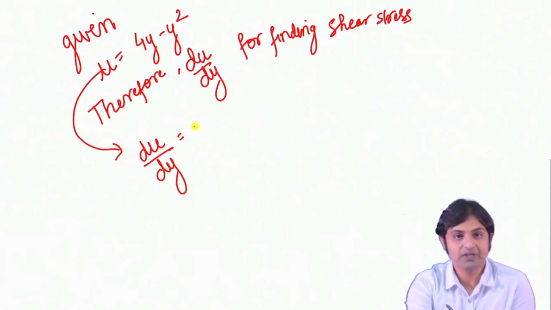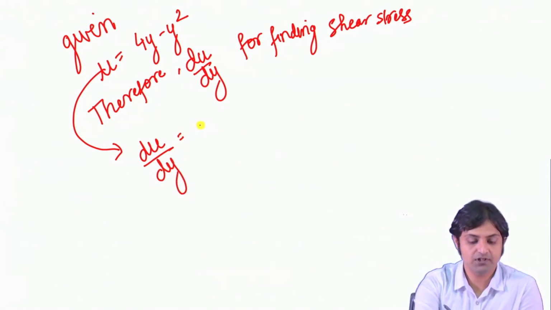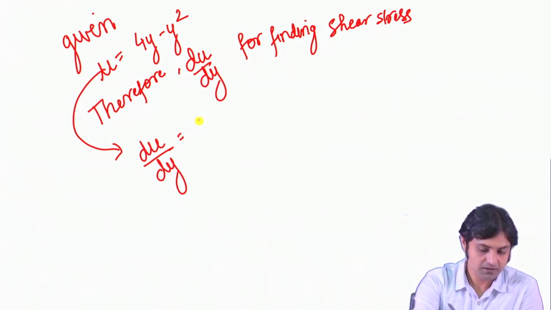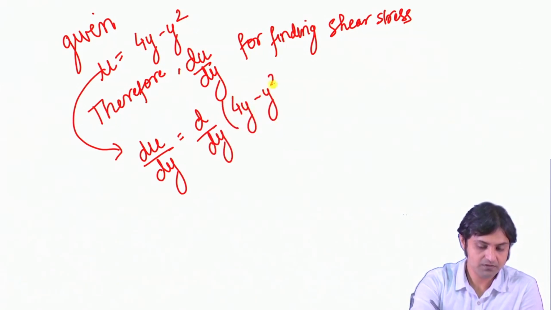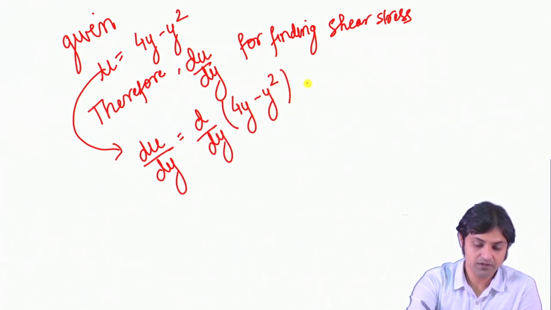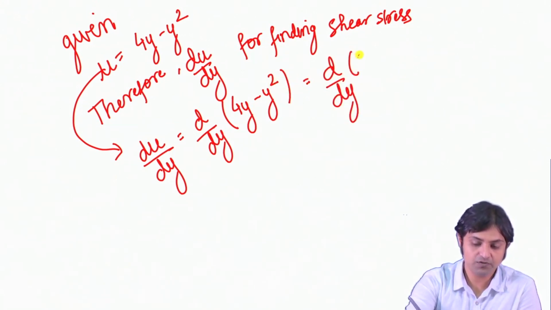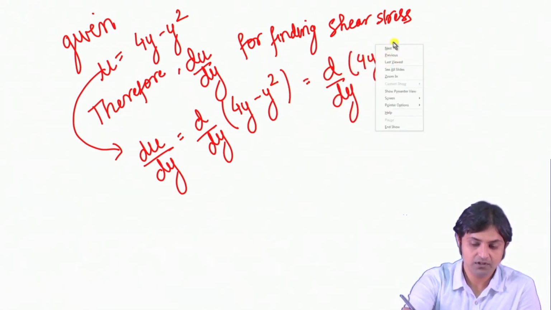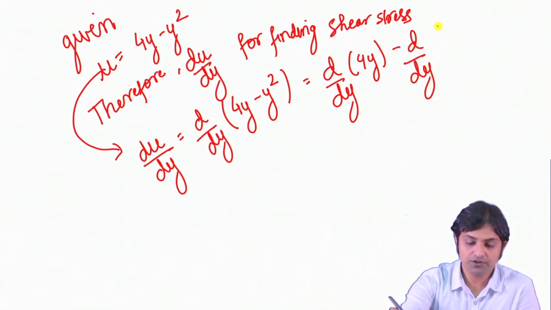so going to the basic differential mathematics, d dy of 4y minus y square will be... I am going very slow for this one because I am not sure if it is too obvious for you.